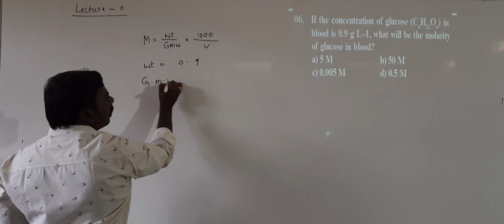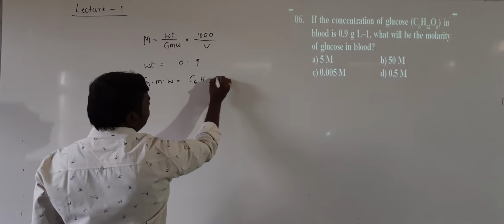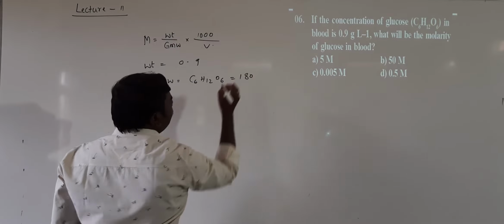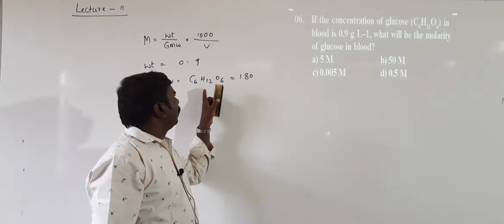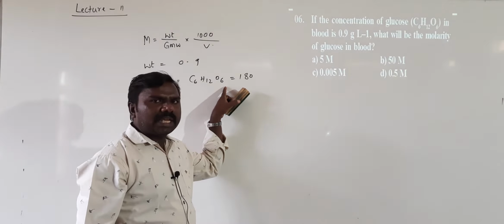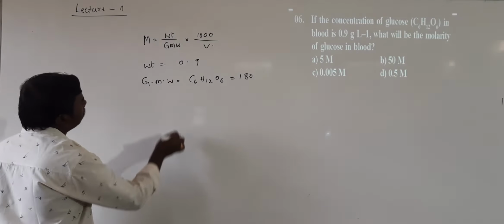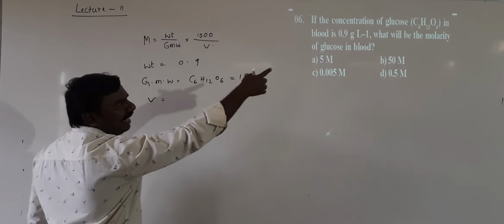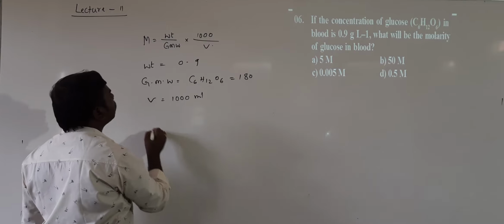Gram molecular weight of glucose, C6H12O6, equal to 180 grams. Each carbon carries 12, 6 12s. Each hydrogen carries 1, 12 ones. Each oxygen carries 16, 6 16s. Then volume is 1 liter, that is equal to 1000 milliliter.